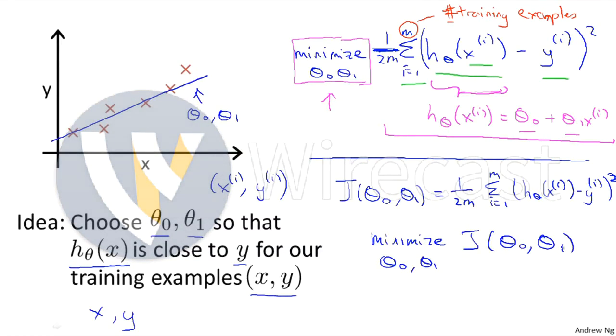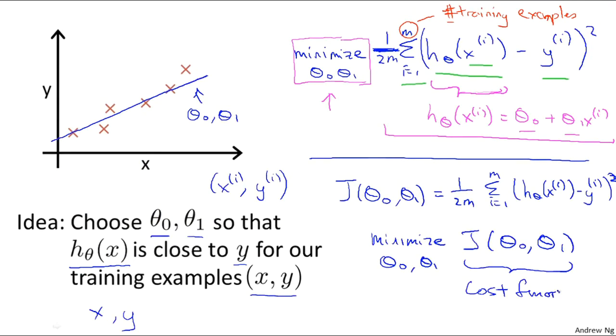Where, just to write this out, this is my cost function. This cost function is also called the squared error function, or sometimes the squared error cost function.